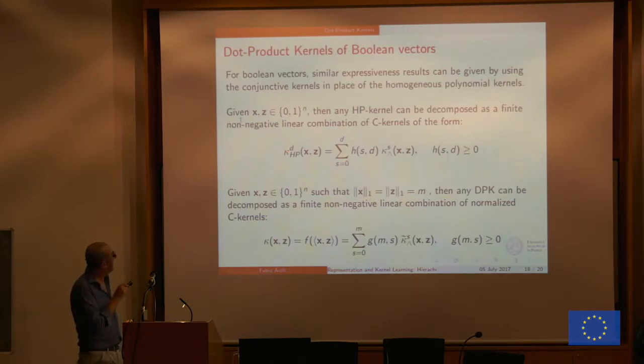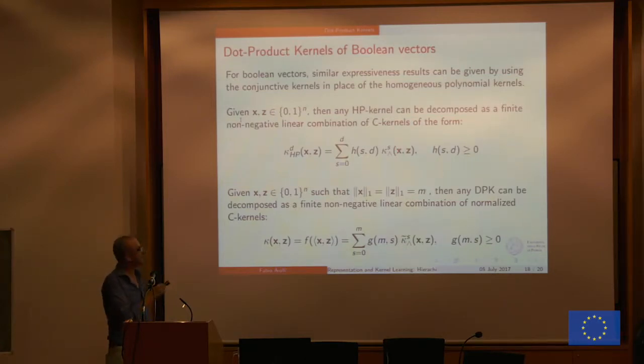Any dot product kernel defined on Boolean vectors can be defined as a combination with positive weights of conjunctive kernels of increasing arity.